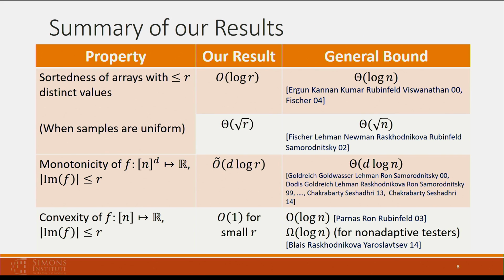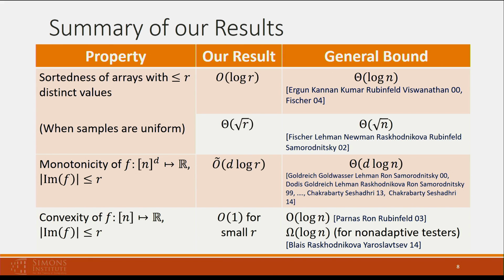So here's a short summary of our results. Testing sortedness of arrays with at most r distinct values can be done in order of log r time, and sortedness was considered settled for almost over a decade. So there's a matching upper and lower bound of log n, and we were able to circumvent this lower bound by considering a different parameter, which is the number of distinct values in the arrays.